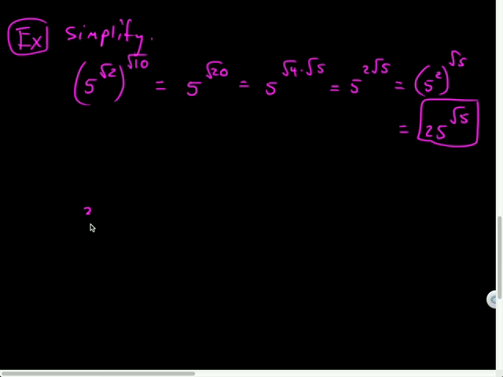You can also have something like this. What if I had 3 to the 2 square roots of 3 times 9 to the 3 square roots of 3? Now, can I add those exponents the way they are? What's the issue?